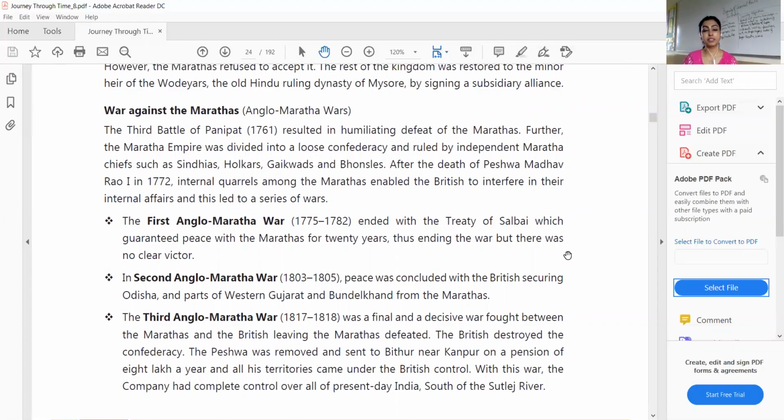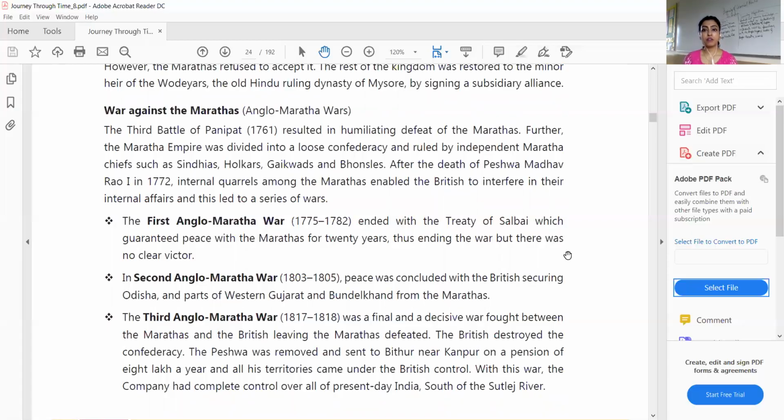Confederacy means small units. The Maratha kingdom was divided into small units, ruled by independent Maratha rulers, like the Gaekwads, Bhosles, Sindhias and Holkars. So these were the Maratha chiefs.